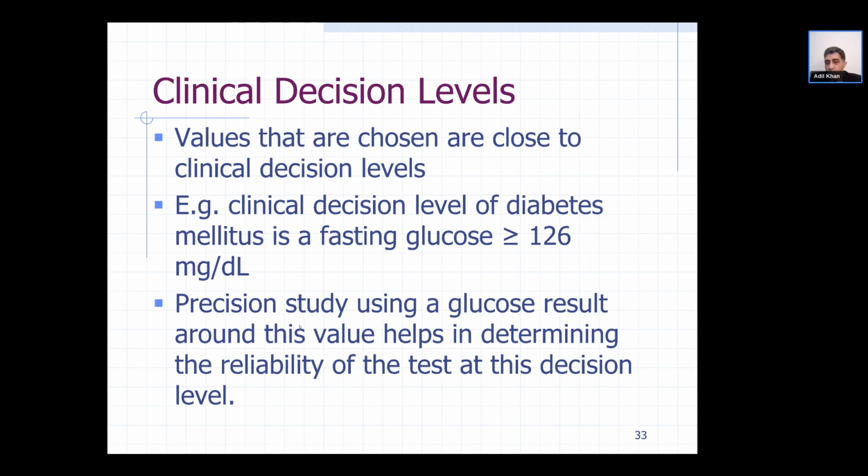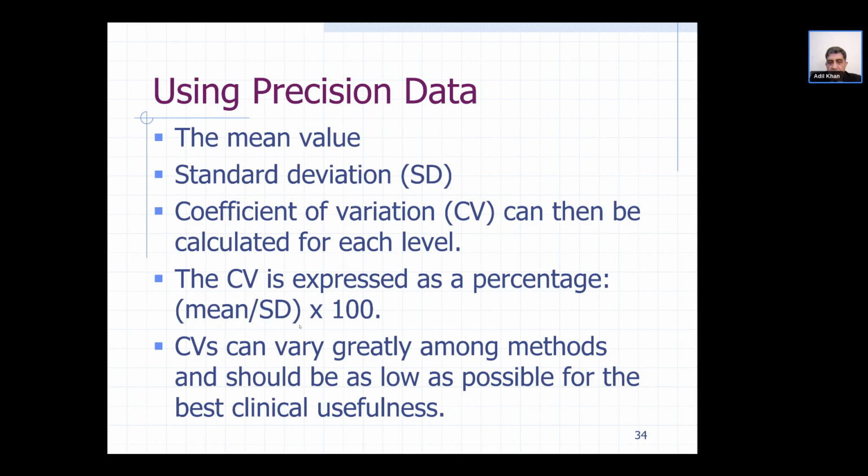For a glucose meter, it should be around 126 milligrams per dL. Again, from the precision data, you have the mean, the standard deviation, and the coefficient of variation, which is the SD divided by the mean, multiplied by 100.